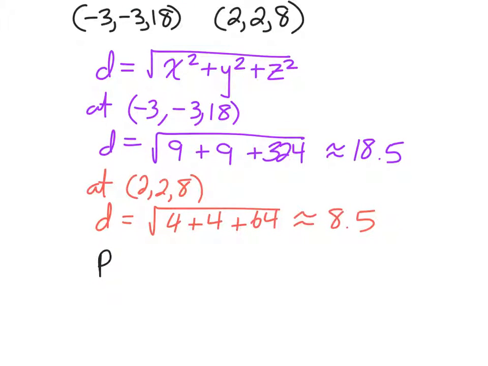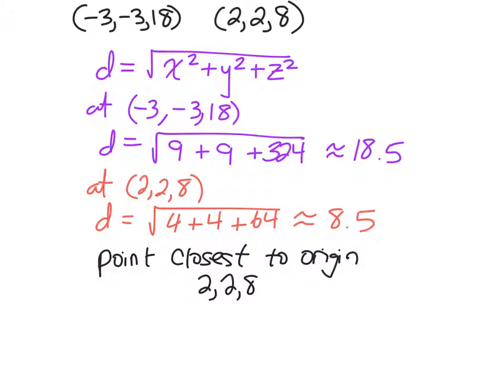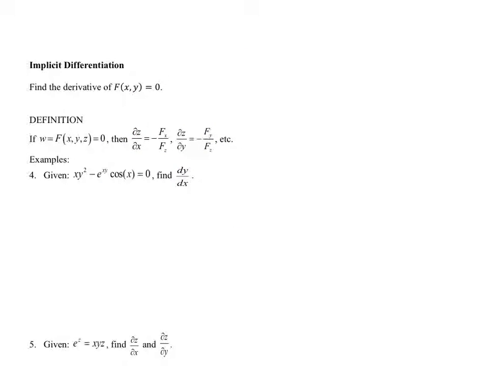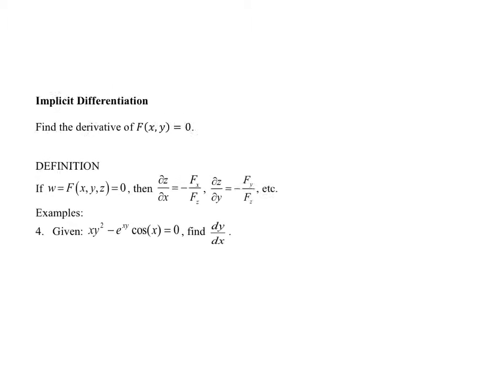Okay, so the point closest to the origin would be the point 2, 2, 8. Of course, satisfying the constraints, because the point closest to the origin would be the origin, if the constraints weren't there.